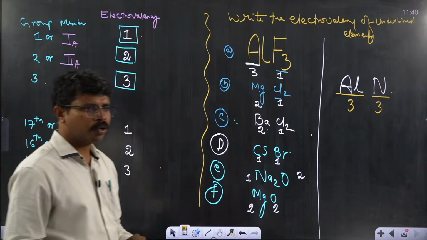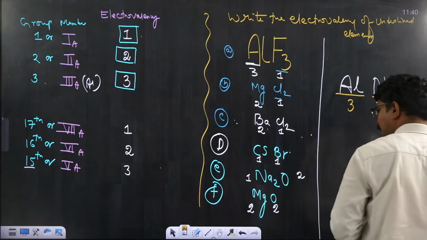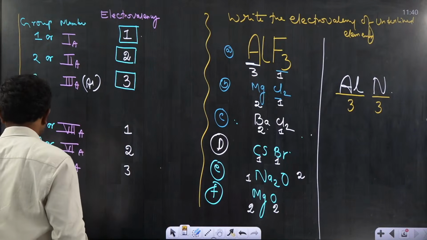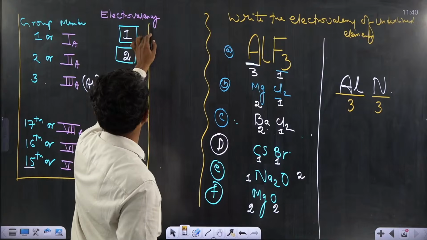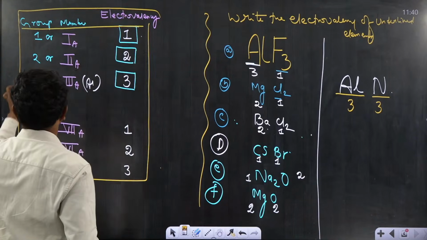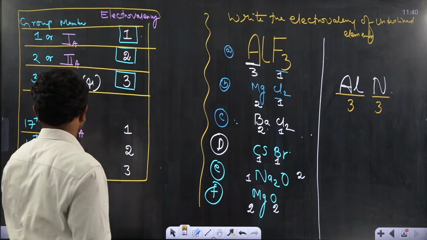If you are able to recollect this table, you can easily identify the electrovalency of a given element for a given ionic compound. Fine.